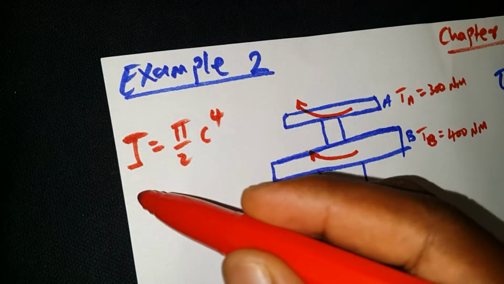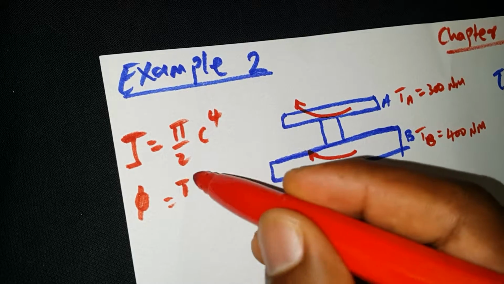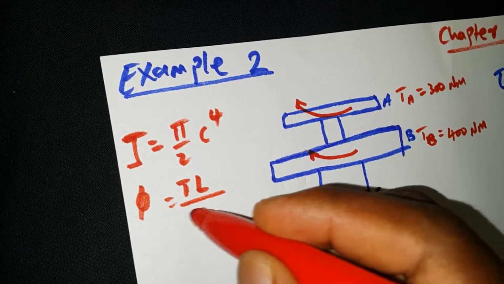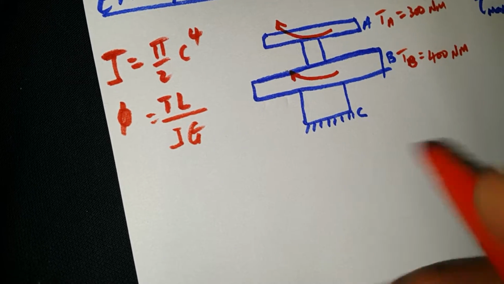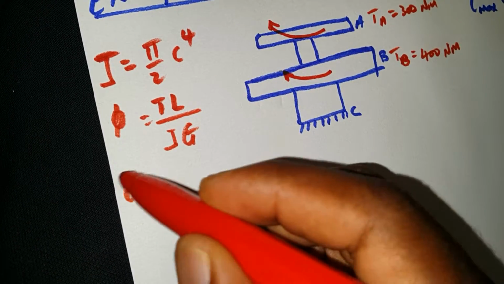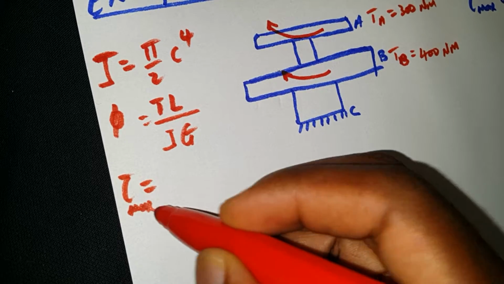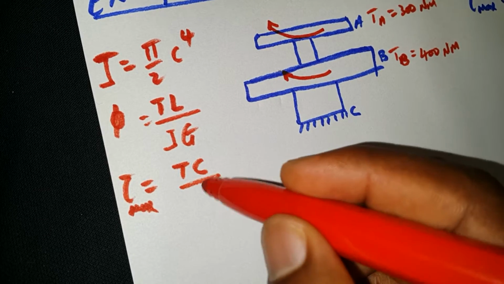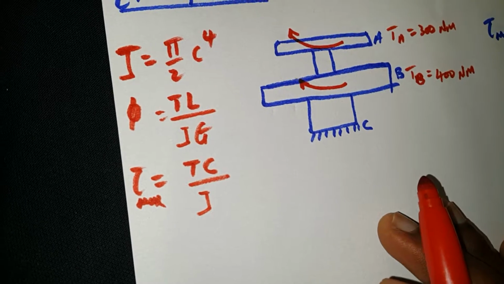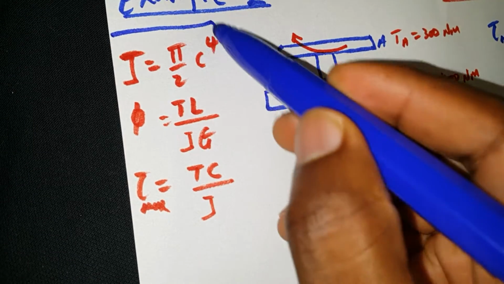The angle of twist is TL over JG. Then the third equation is the maximum shear stress, TC over J.